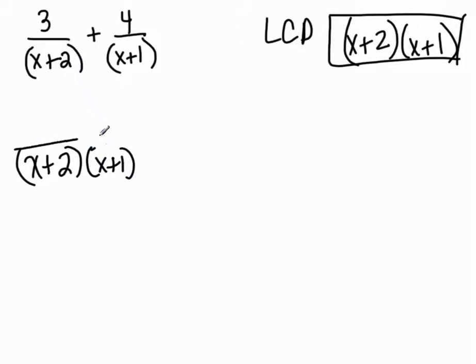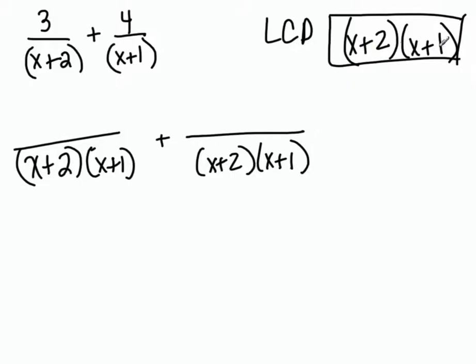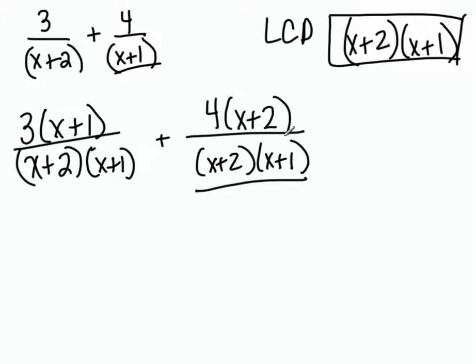So that's one fraction plus, and then I have the same denominator, right? Are you with me? How did I get from x plus 1 to this one? Times by x plus 2. So I do 3 times x plus 2. And how did I get from x plus 2 to this one? Times by x plus 1.